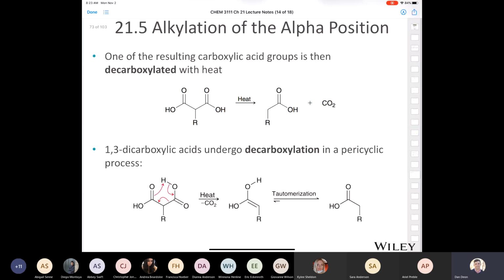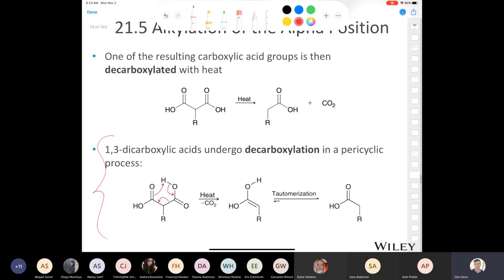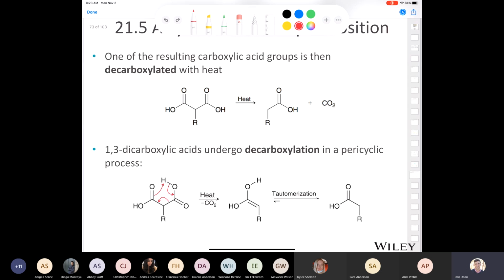If you take that dicarboxylic acid and you heat it up, you end up losing CO2, and you're only left over with 1 of the carboxyl groups. So here's the mechanism of that process right here. 1,3-dicarboxylic acids undergo decarboxylation in a pericyclic process. So all you have to do is take this portion of the molecule and kind of flip it around.